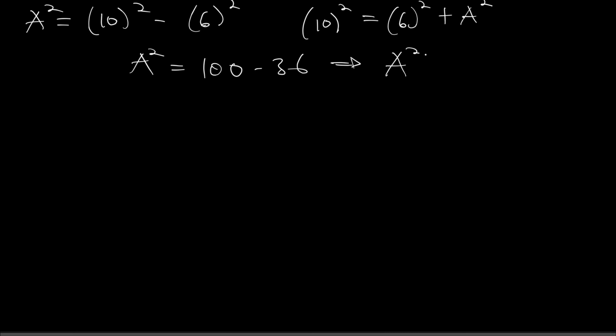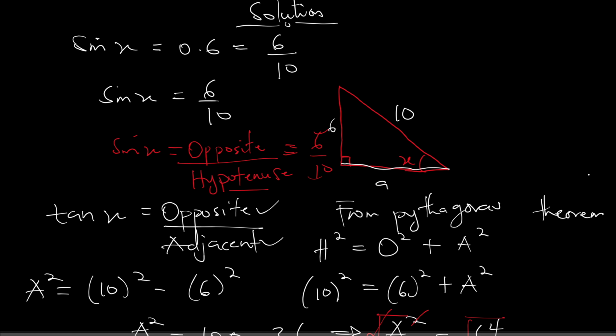So a squared is equal to 64. Now to find a, we take the square roots of both sides. So we take the square root of this and the square root of this. Square cancels square roots. Our a will be the square root of 64, and that is equal to 8. So our adjacent, which is a, is 8.